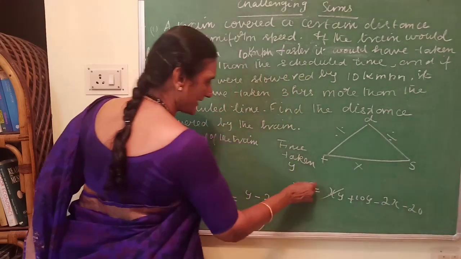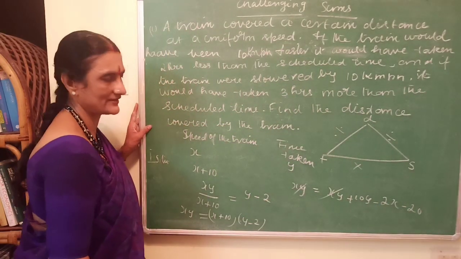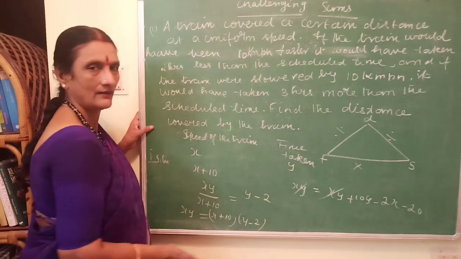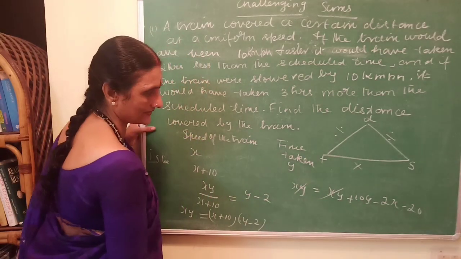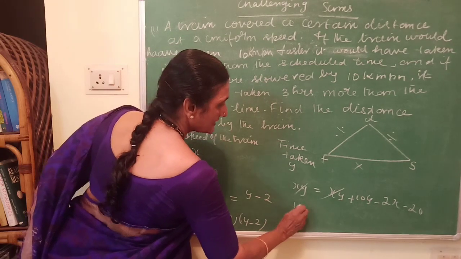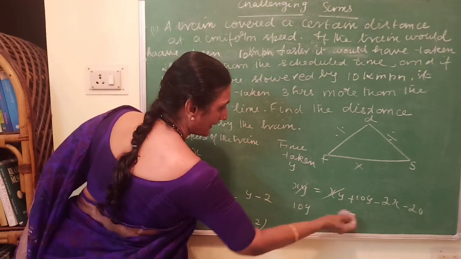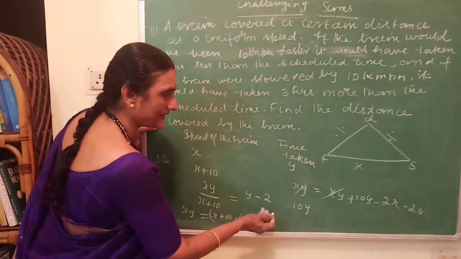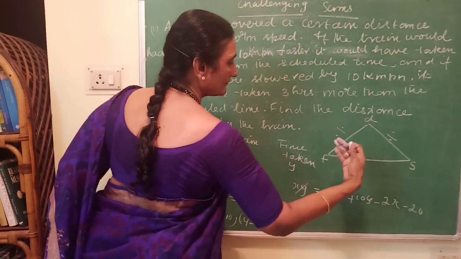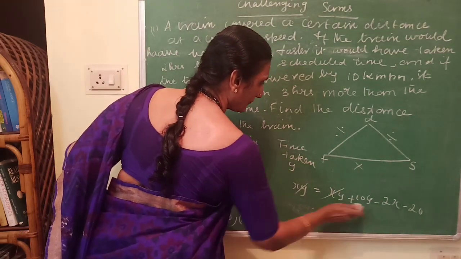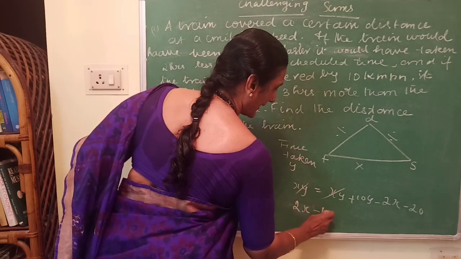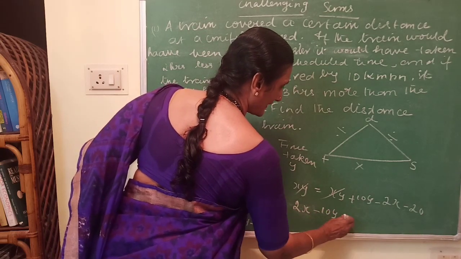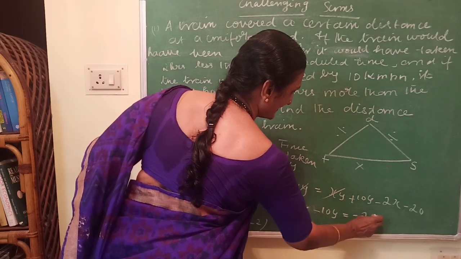Now this xy can be cancelled on both sides. So what is the final equation? 10y minus 2x. We can bring it to the LHS. So if you bring it here, we'll get 2x minus 10y is equal to minus 20.